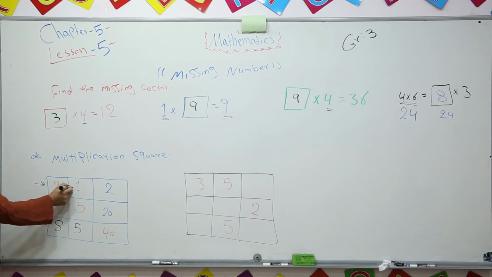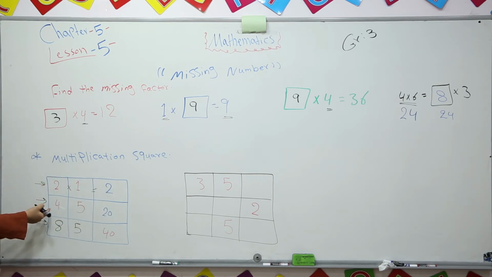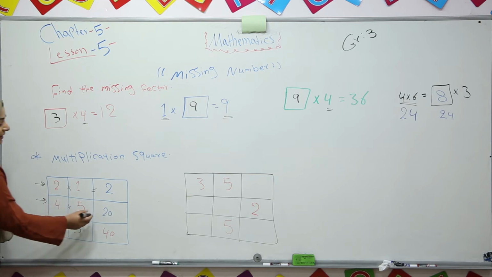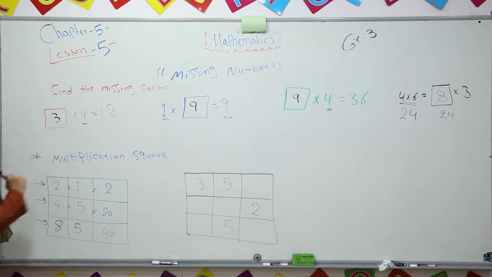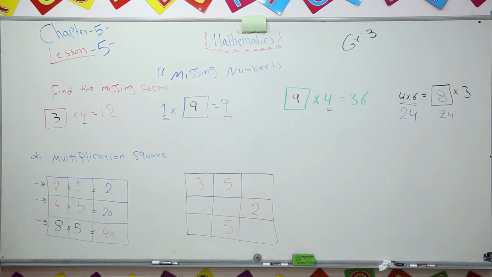So it is 2 times by 1 equals 2, okay? And we have another row, 4 times by 5 equals 20, okay? And you have the third row, 8 times by 5 equals 40, okay?